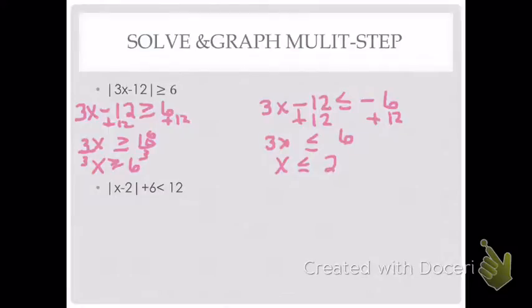Come over here and do this one. Then we're going to graph that on a number line. We'll say that's 2, and we'll say this is 6. So if I look at 6, open or closed?